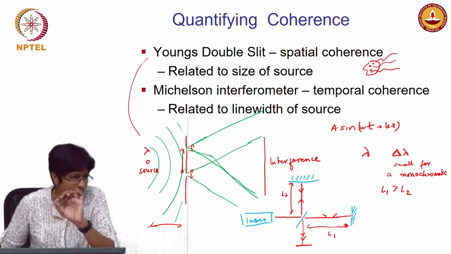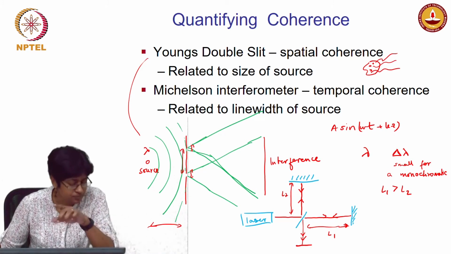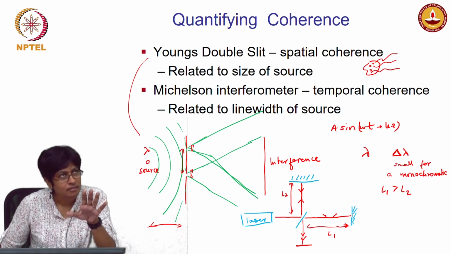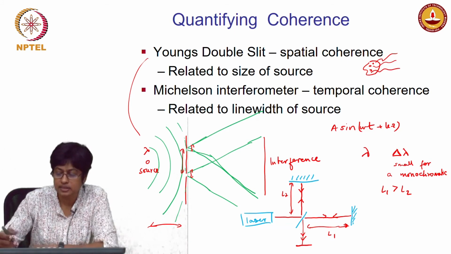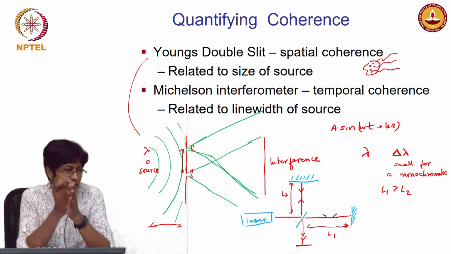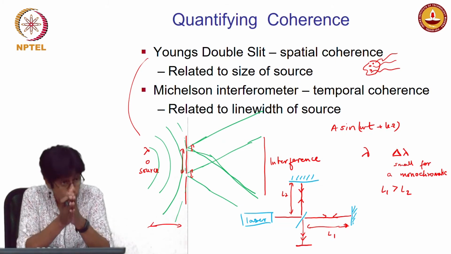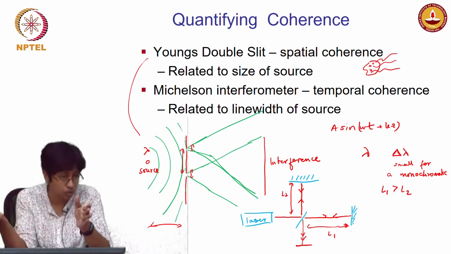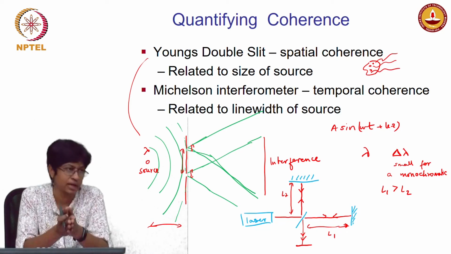Okay? If you have good spatial coherence, it does not necessarily mean that you will have good temporal coherence. But if you have a source with poor spatial coherence, it's quite impossible to have very good temporal coherence. If you have poor spatial, it's most likely you also have poor temporal coherence, okay?